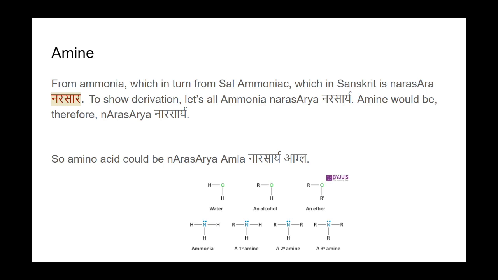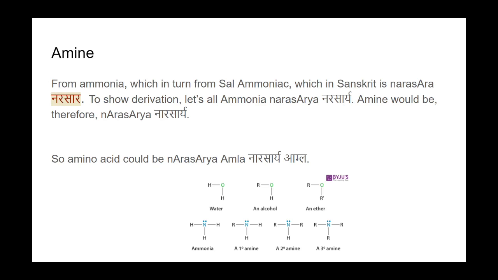So amine is a group of a molecule, and it's from ammonia, which is a gas, and ammonia is derived from sal ammoniac, which is a white powder, which in Sanskrit is narasara. We have to show derivation as ammonia was created from sal ammoniac. So it's narasarya, then amine, which is going to be derived from the word ammonia, would therefore be narasarya.